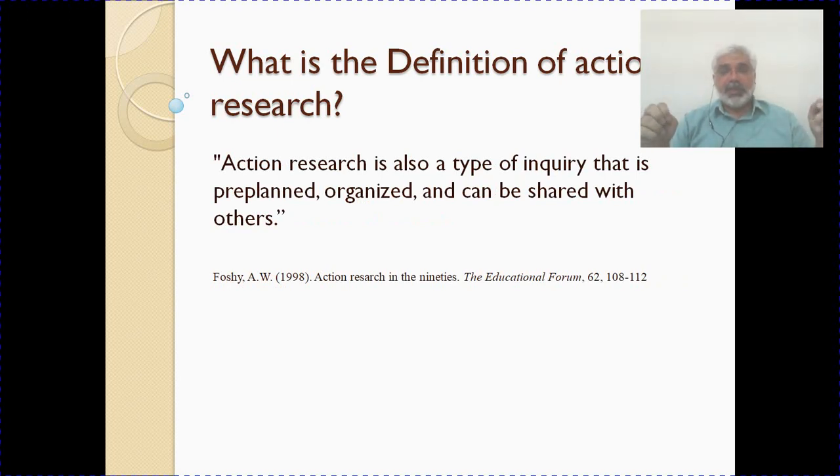The third definition: action research is also a type of inquiry. So this is inquiry. We want to find out. Inquiry that is pre-planned, organized. Pre-planned, organized, this is another way to say a systematic process, and can be shared with others. So it is a type of inquiry, pre-planned, organized, and can be shared with others. In my opinion, this is a more general definition of action research.